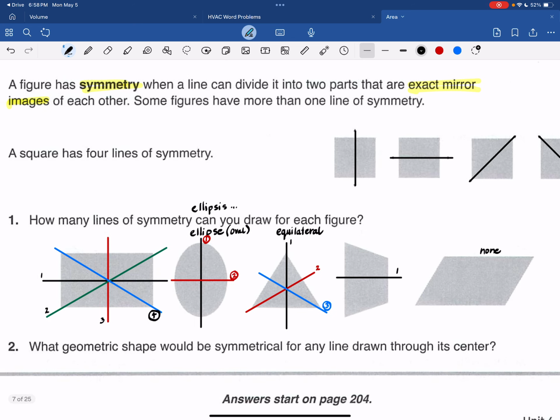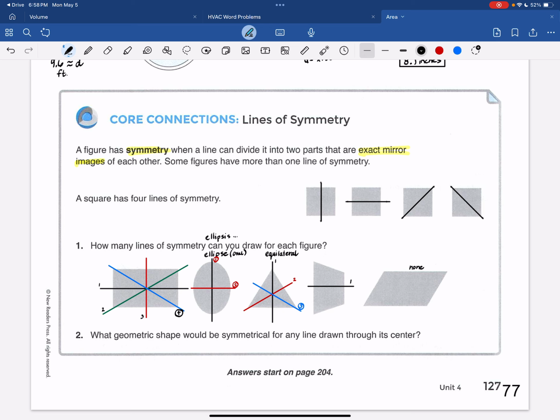What geometric shape would be symmetrical for any line drawn through its center? And hopefully you will recognize this one, because what is that line called through the center of a circle? It's called the diameter.